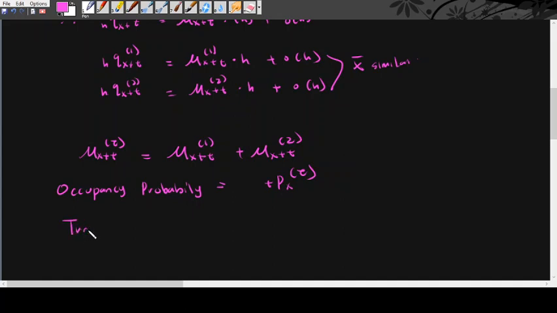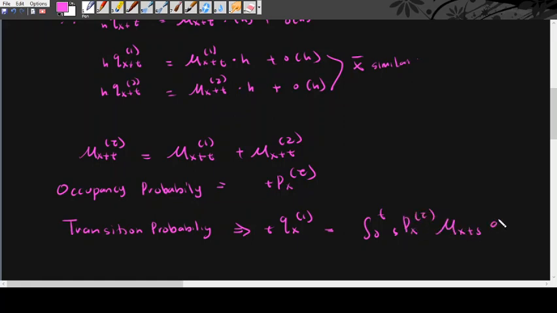And then the transition probabilities for the double decrement case, we are going to have tqx1 equals to integral 0 to t of s px tau mu x plus s 1 ds, or tqx2 equals to integral 0 to t of s px tau mu x plus s 2 ds. This is 1.